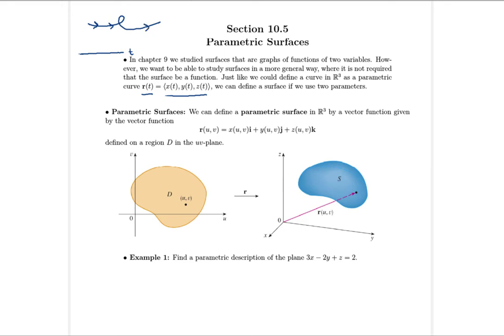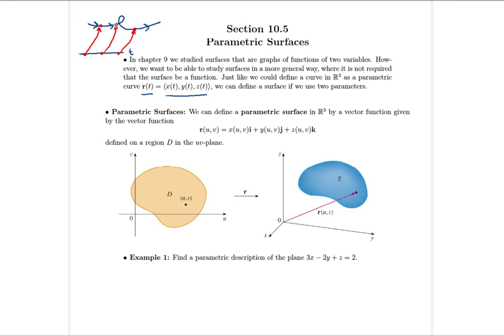So the idea here is that for various values of t, those go along with specific locations on the curve. So we're kind of going from our domain, that's this number line, to this curve that we're forming.